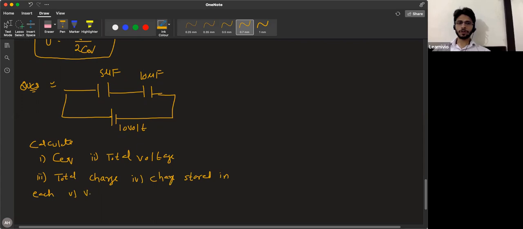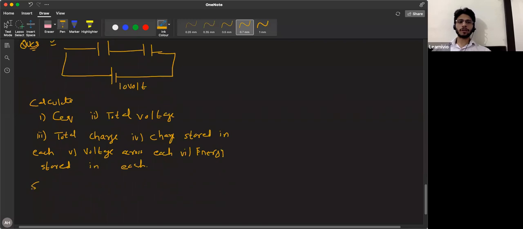Fifth part, voltage across each. Sixth, energy stored in each capacitor. Now let's start your calculations.